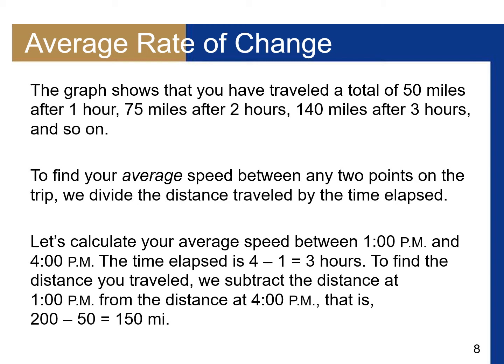So you find your average speed between any of those points. You're going to divide the distance you traveled by the time elapsed. So if you calculate the average speed from 1 p.m. to 4 p.m., the time that elapsed was 3 hours. To find the distance that you traveled, you take the distance, 200 miles, minus the 50 miles where you started, and you'll get 150 miles.